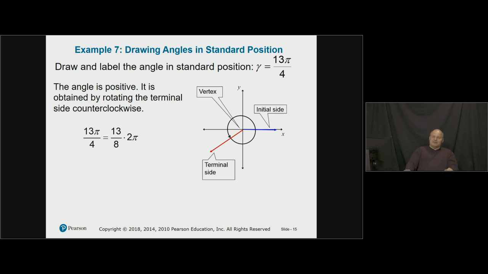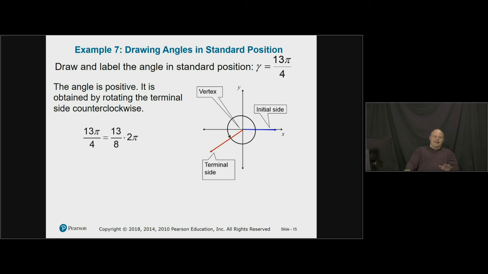When you go multiple revolutions in degrees, the angles become quite large, 4 or 5 digits sometimes. But in radians, if you go around 4 times, that's still only 8 pi radians. So it's a way to restrict the size of that angle.